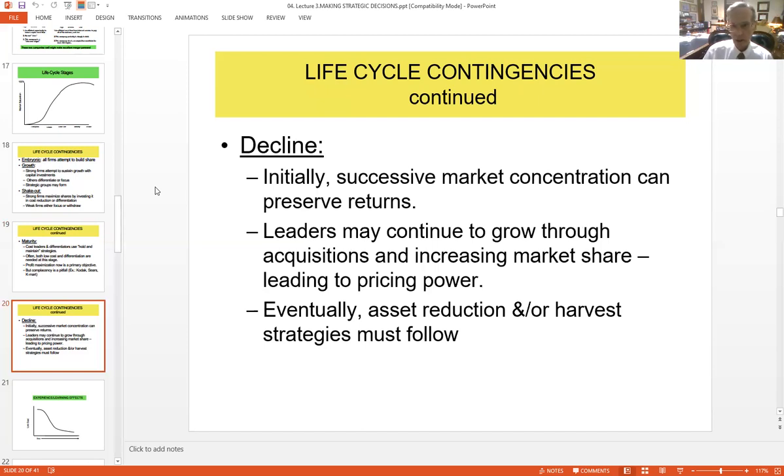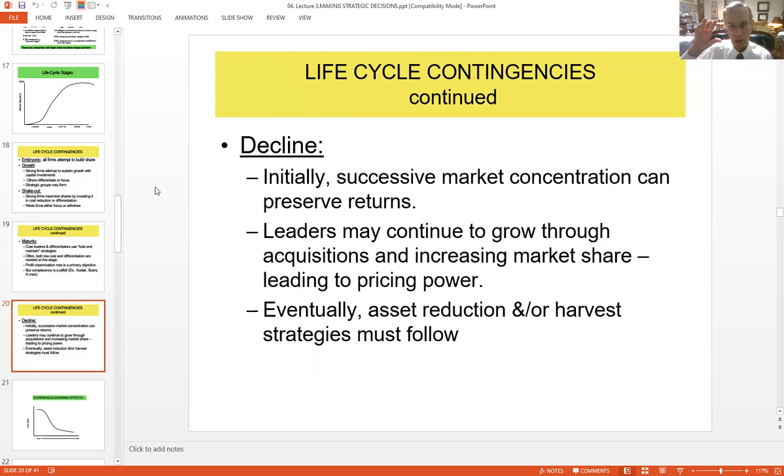As I indicated earlier, many industries don't decline. But if decline occurs, then leaders may acquire followers, the weaker companies, and actually grow for a while, even though the total industry volume is declining.